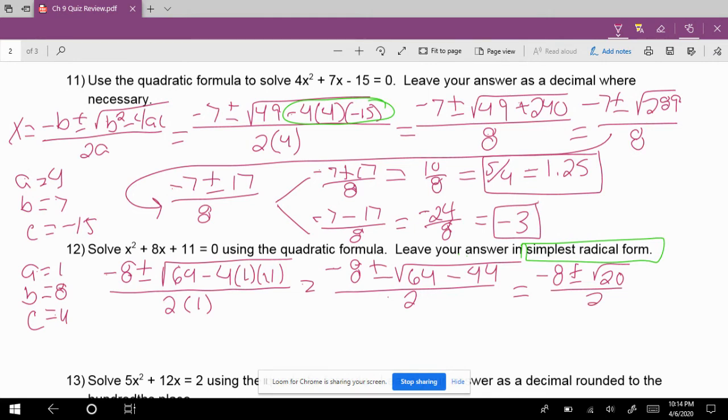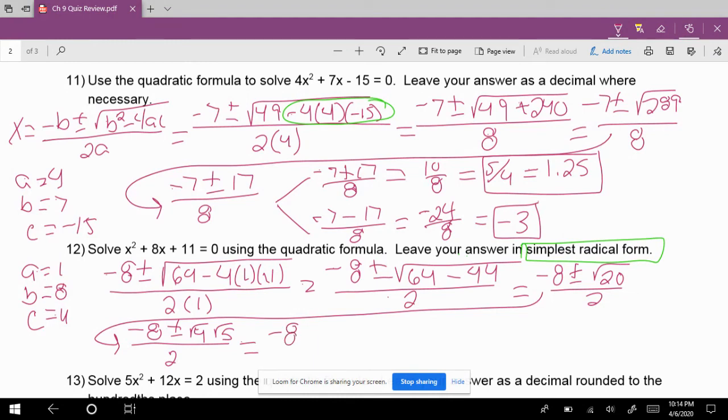All right, so now to break down the radical, I am focused on the 20. And I go, well, what perfect square can go into 20? The only perfect square, other than 1, that goes into 20 evenly is 4. So this is the square root of 4 times the square root of 5. Well, I can take the square root of 4, and it's 2. Now, I've got to remember that my denominator is still here.